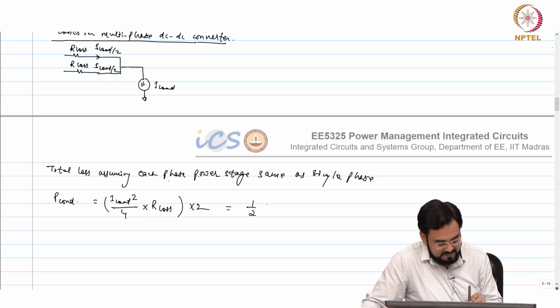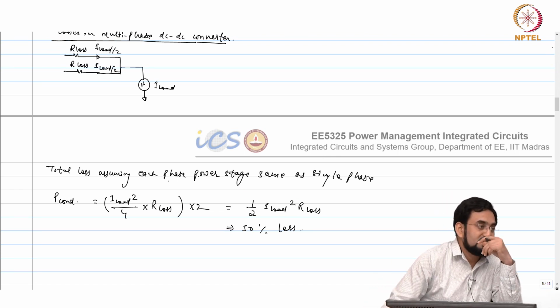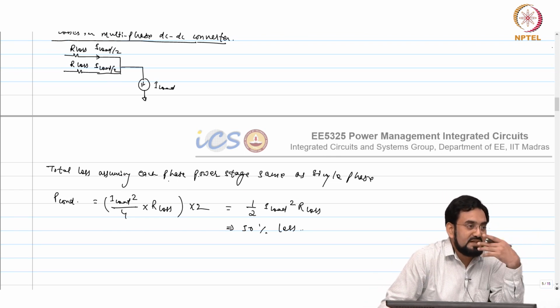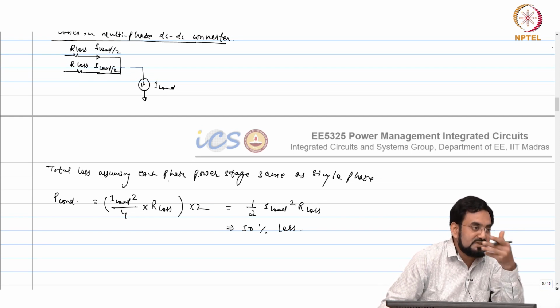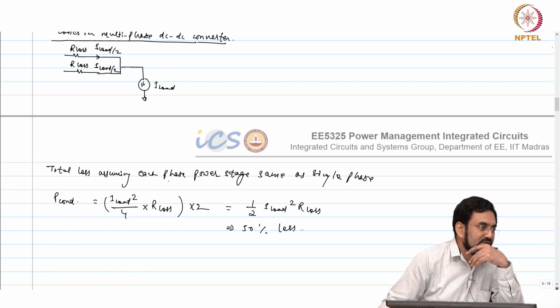So half of, which is 50% less. So if you keep the same size, then in multi-phase your conduction losses will be lesser, because each phase is carrying only half the current.